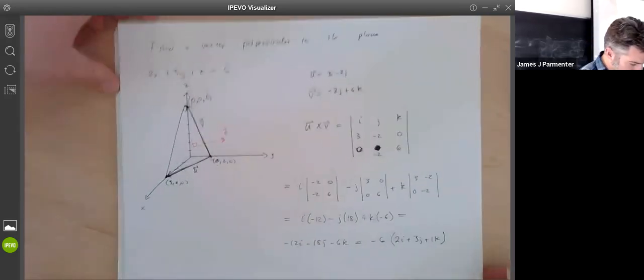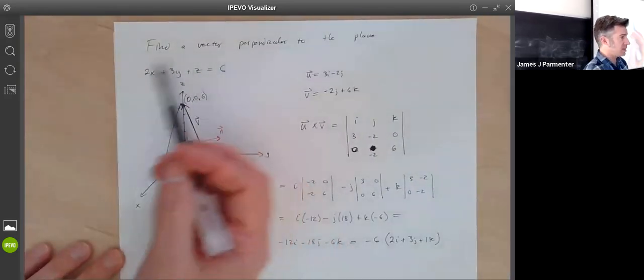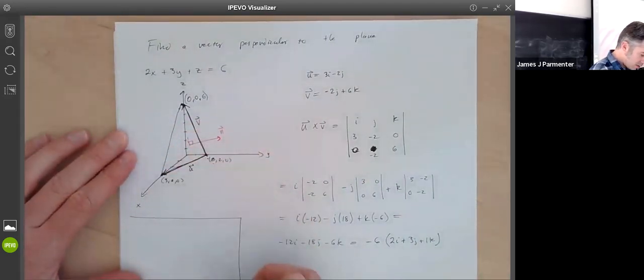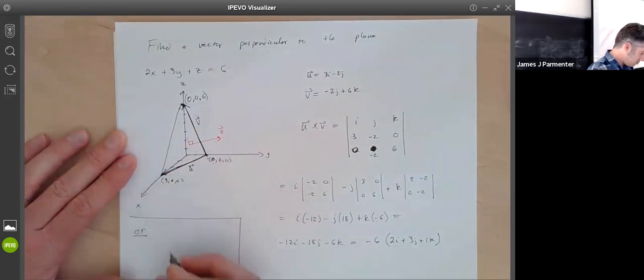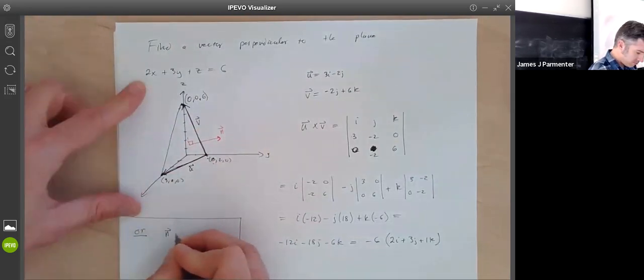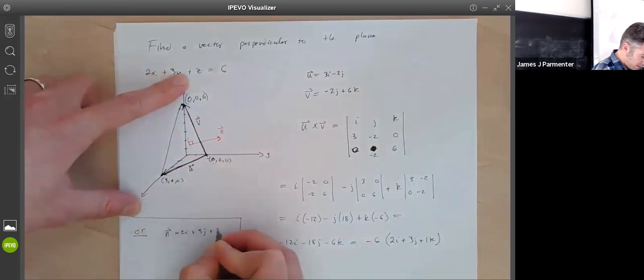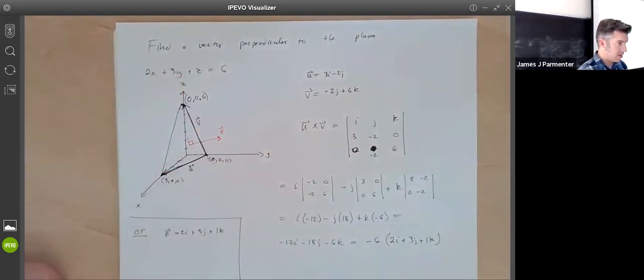So if someone had asked me to find a vector perpendicular to this plane and I didn't want to do all this work, another answer could have been 2i plus 3j plus 1k. That would also be a correct, acceptable answer, and it is always the case.